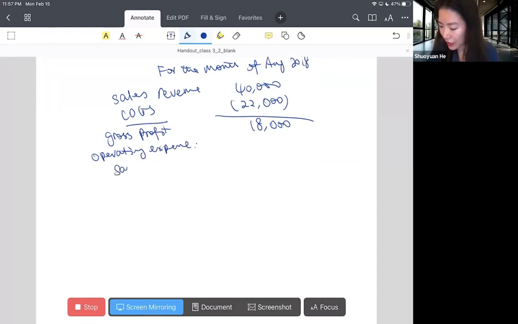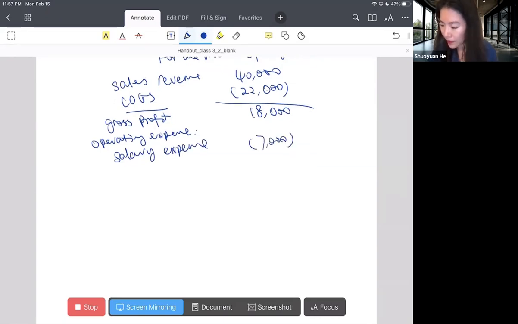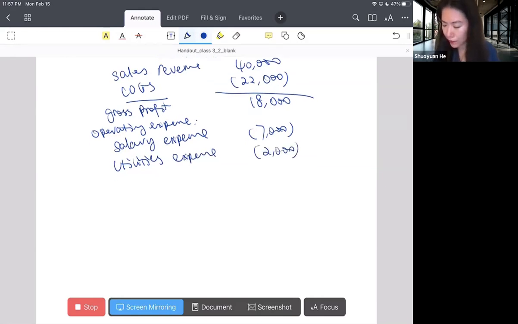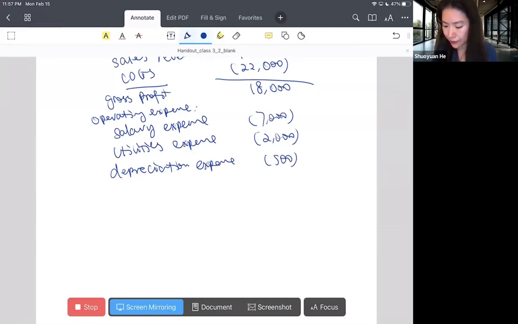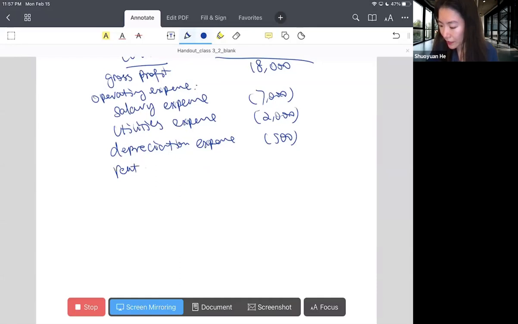So we have salary expense 7,000, utilities expense 2,000, depreciation expense 500, rent expense 3,000.